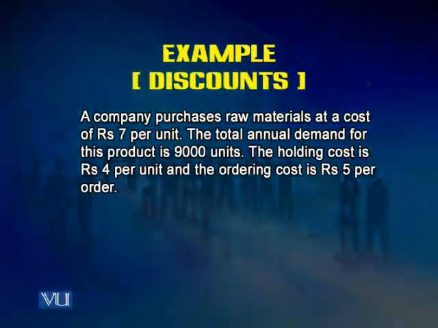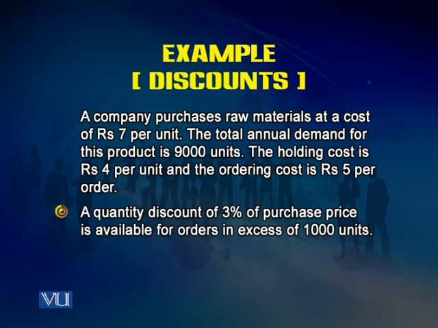Example of discounts: a company purchases raw materials at a cost of ₹7 per unit. The total annual demand for the product is 9,000 units. The holding cost is ₹4 per unit and ordering cost is ₹5 per order. A quantity discount of 3% of purchase price is available for orders in excess of 1,000.